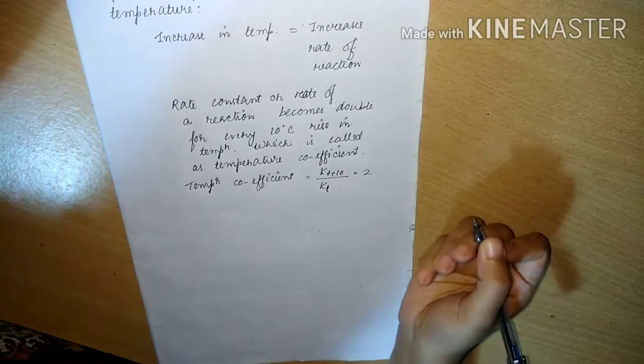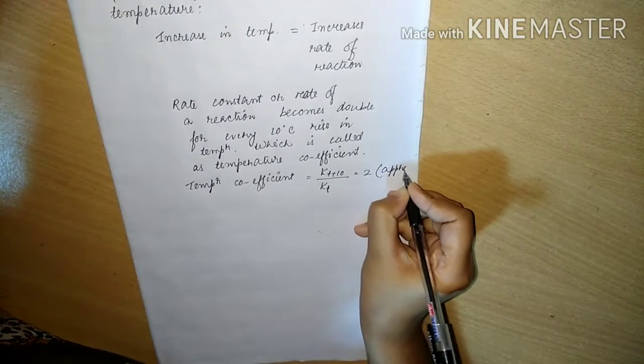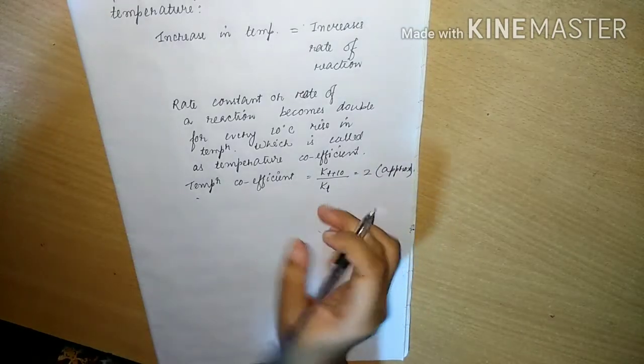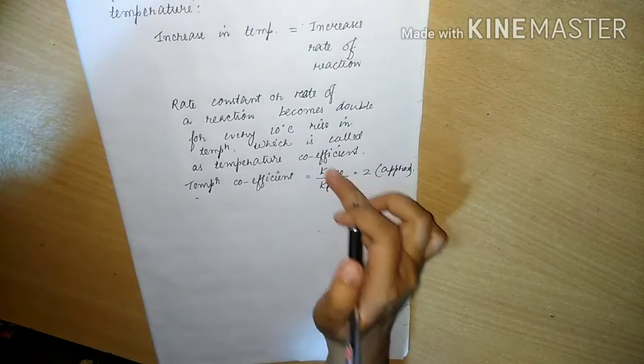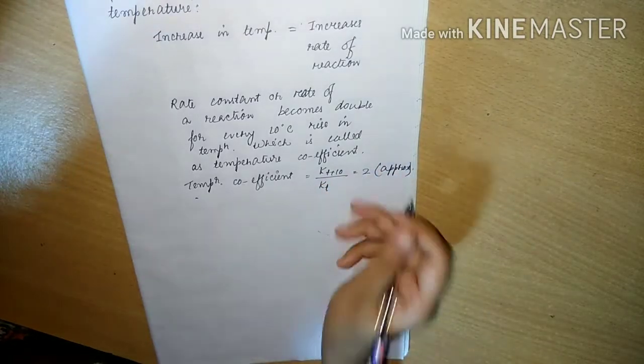It will be approximately equal to 2. So this is the temperature coefficient of the rate constant of a reaction.